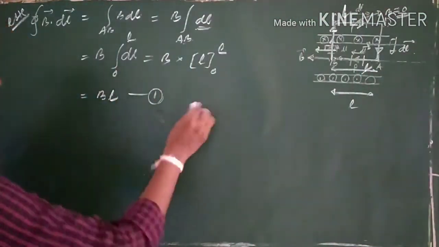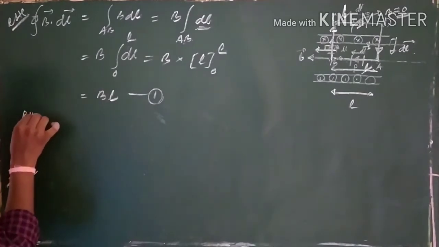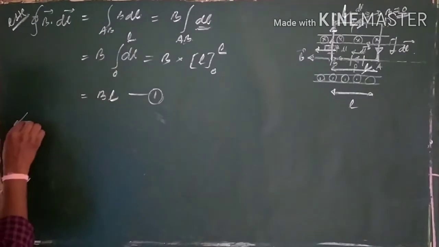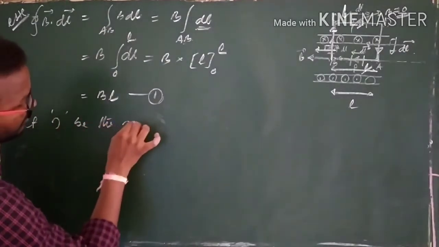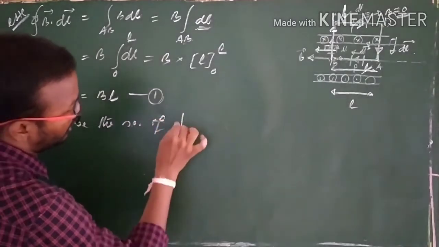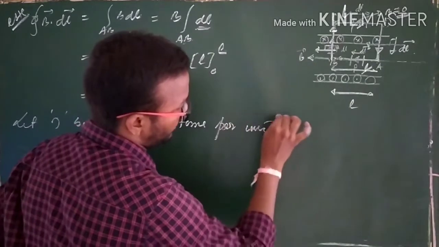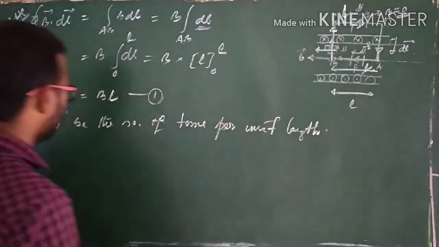Now we come to the right hand side of Ampere's circuital law. Before going to the right hand side, let small n be the number of turns per unit length.